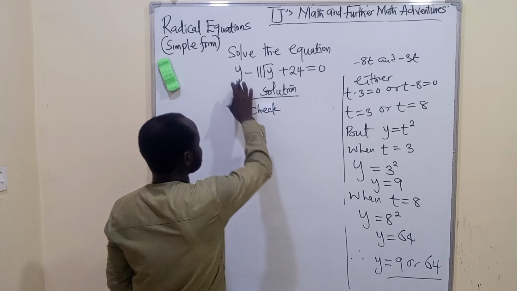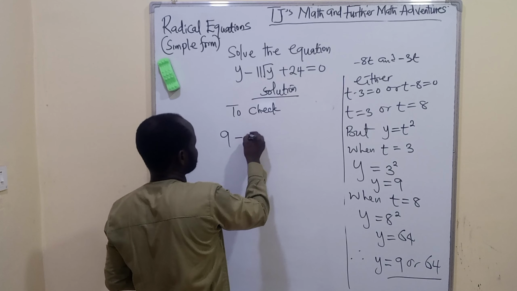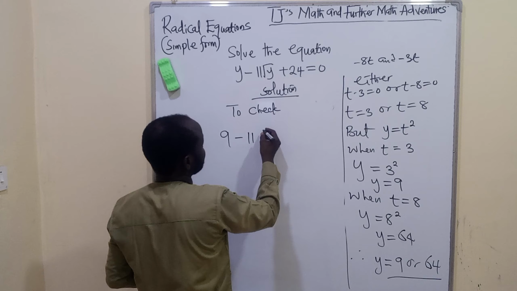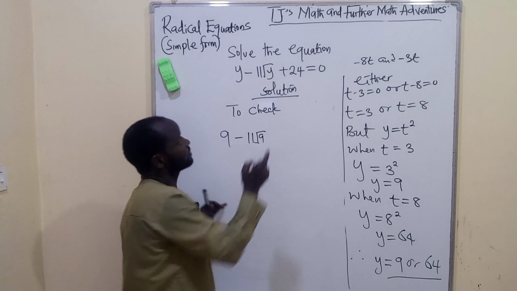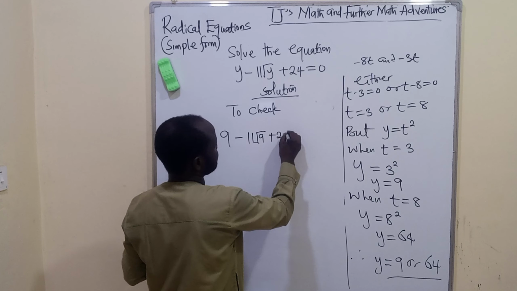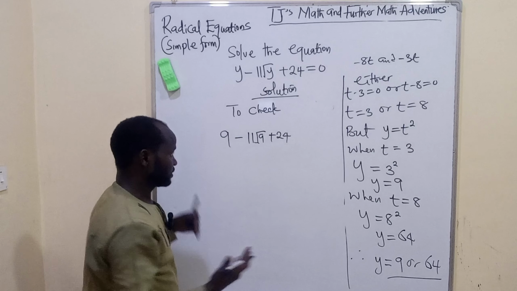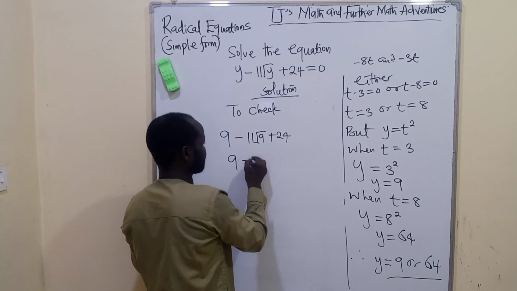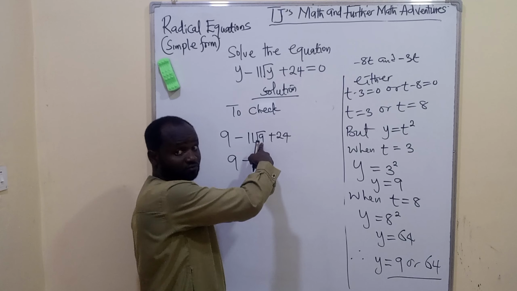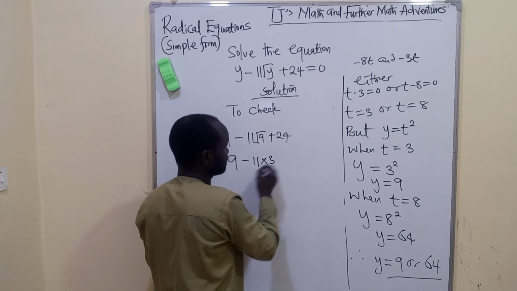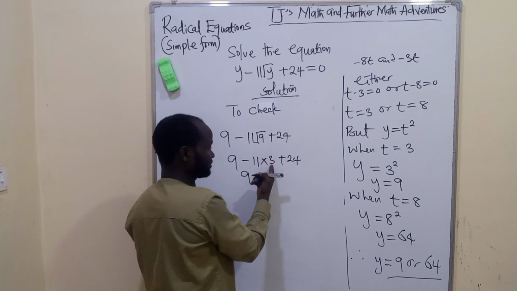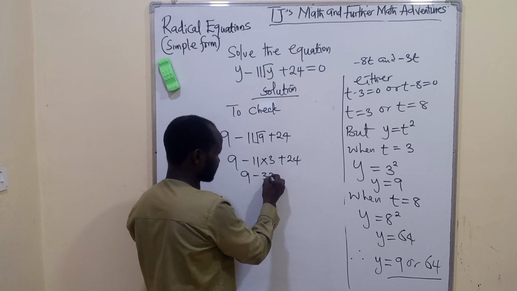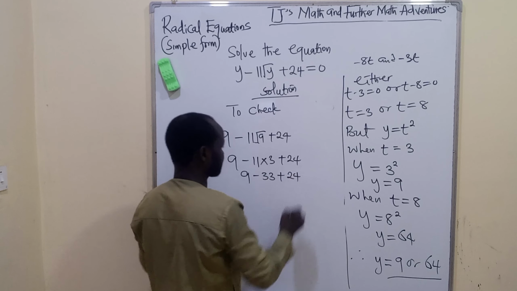It will be 9 minus 11 root 9, because anywhere we see y we put 9, plus 24. Is it equal to 0? Let's see. This will be 9 minus 11 root 9. The square root of 9 is 3. That will be times 3 plus 24. 11 times 3 is minus 33.